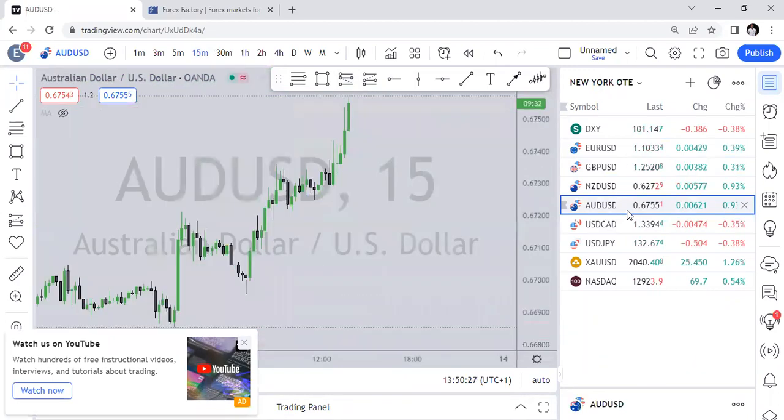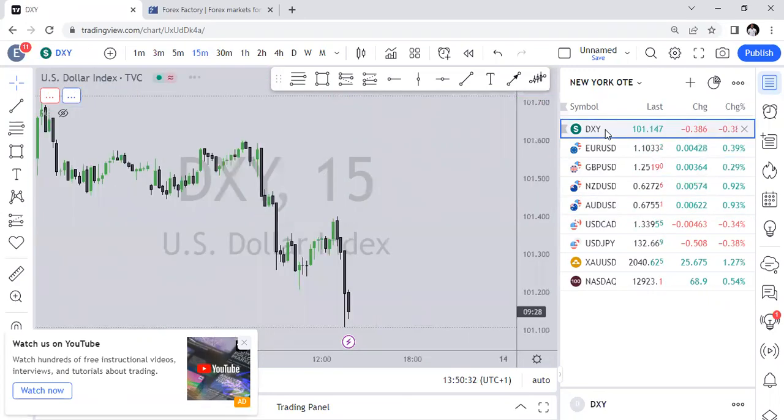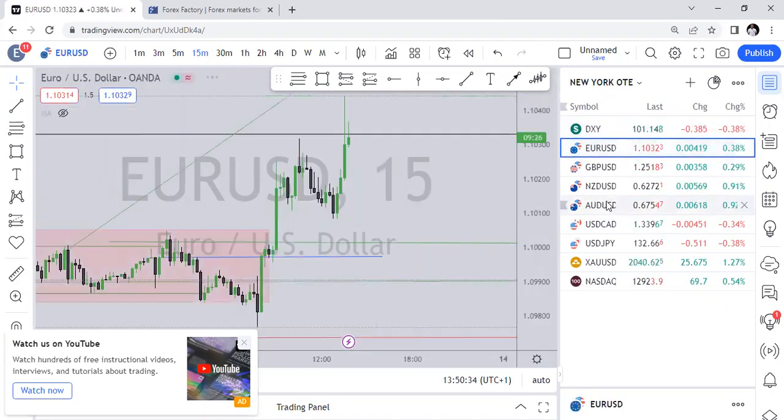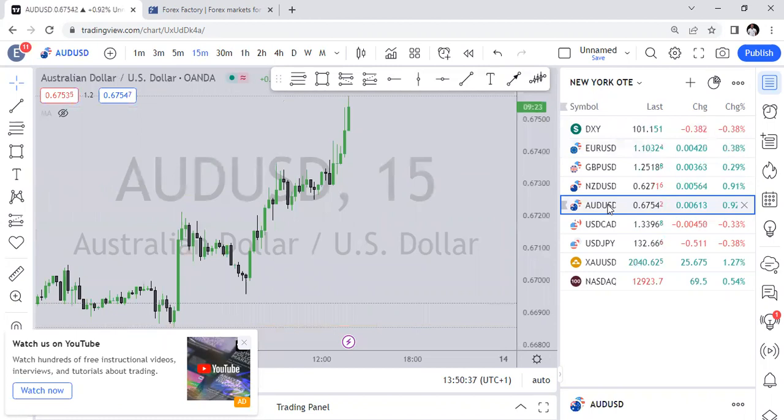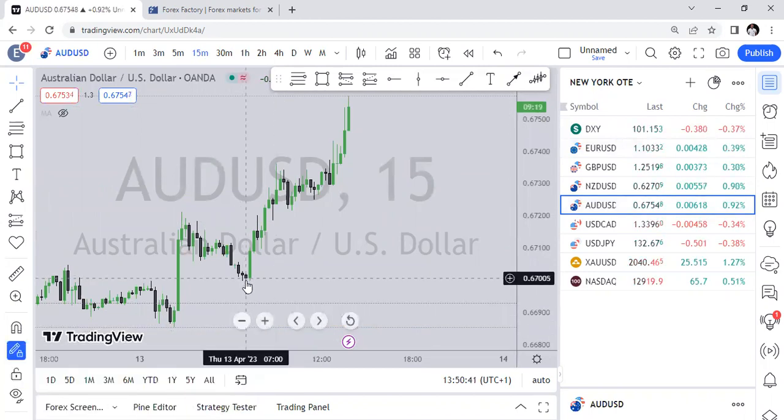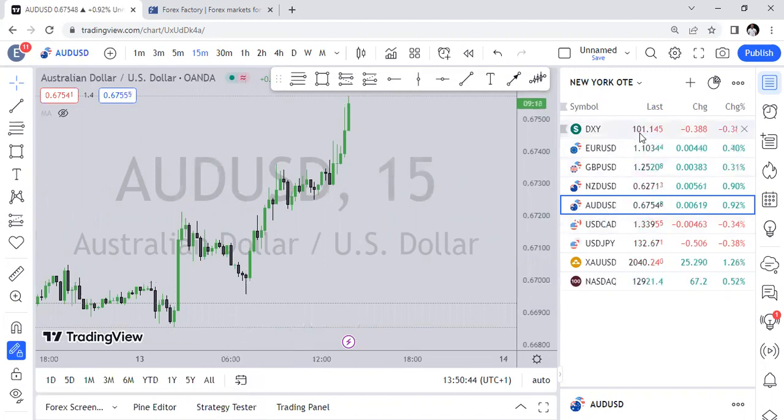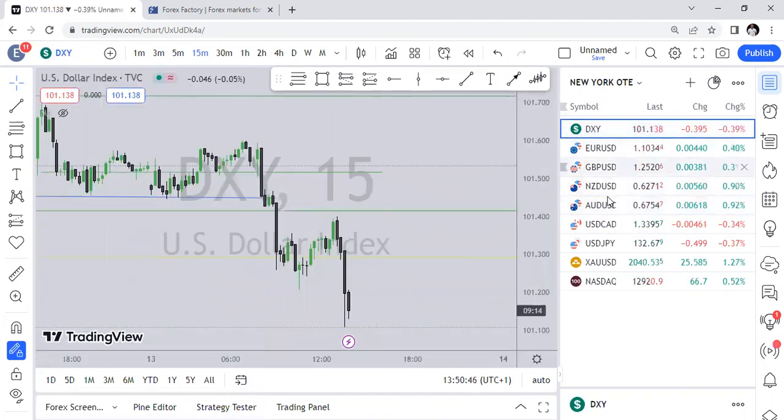Then AUD USD, same. As long as the dollar is fumbling, you can expect any pair that has the USD as the counter currency to be appreciating. So we are seeing the Euro USD, the GBP USD, the NZD USD, AUD USD.